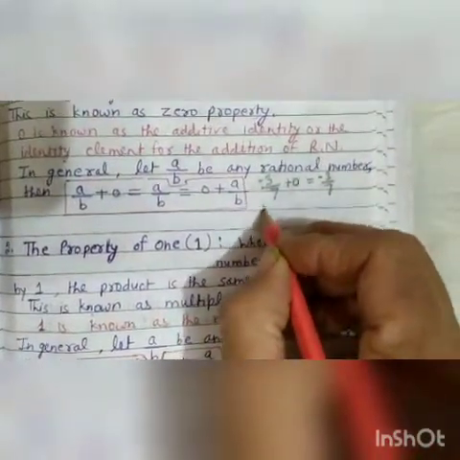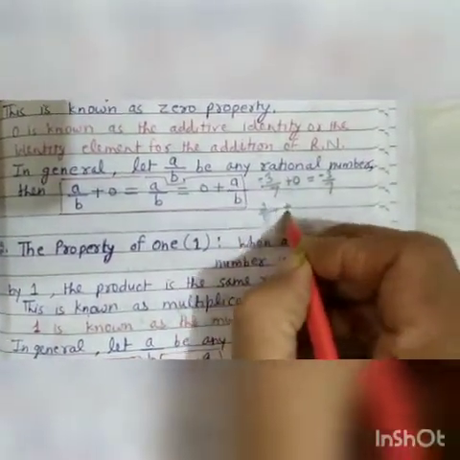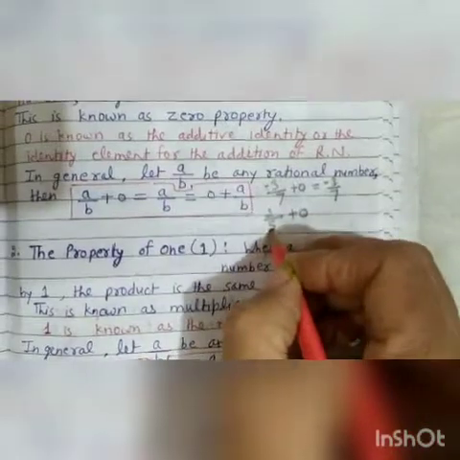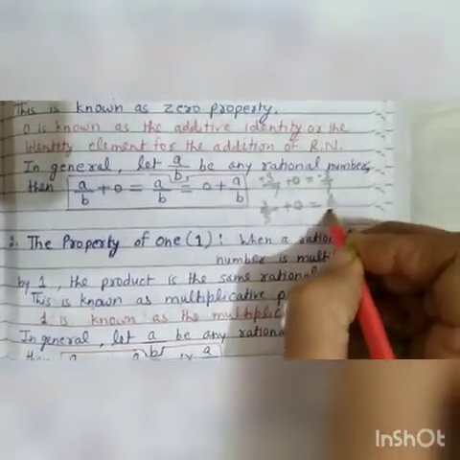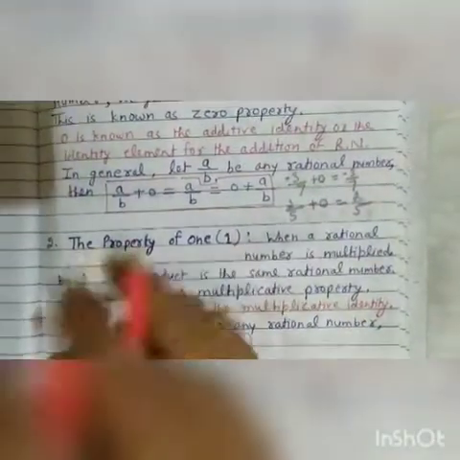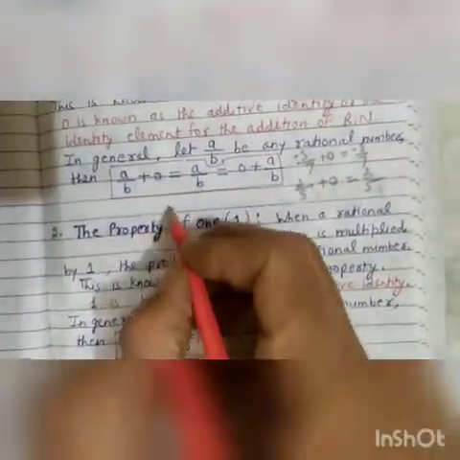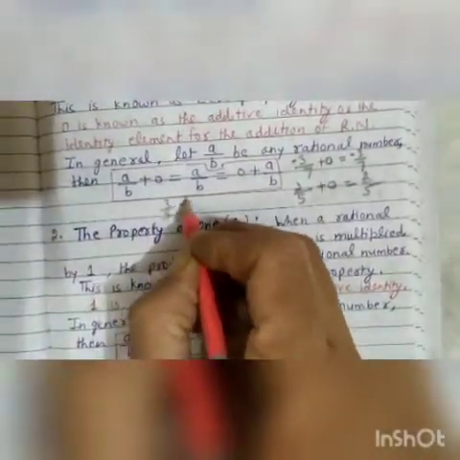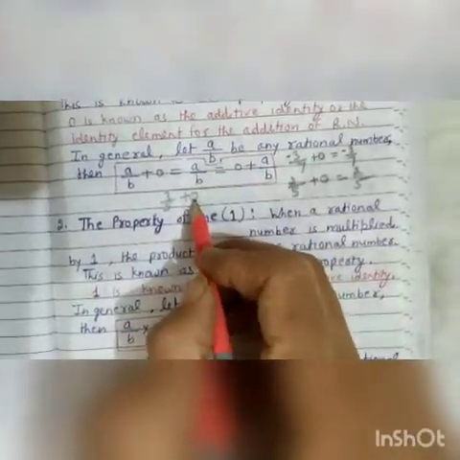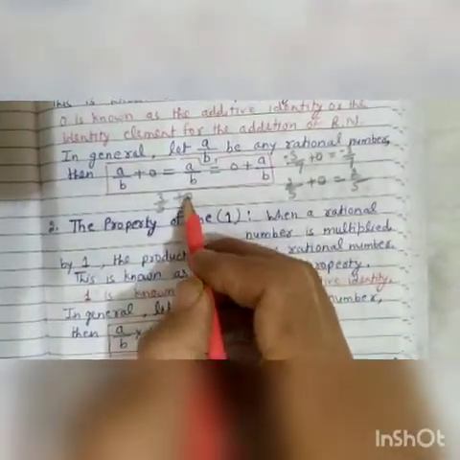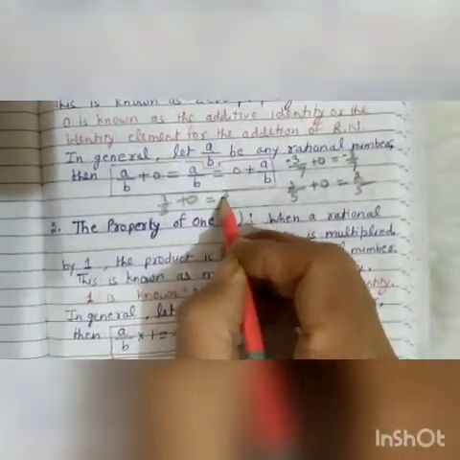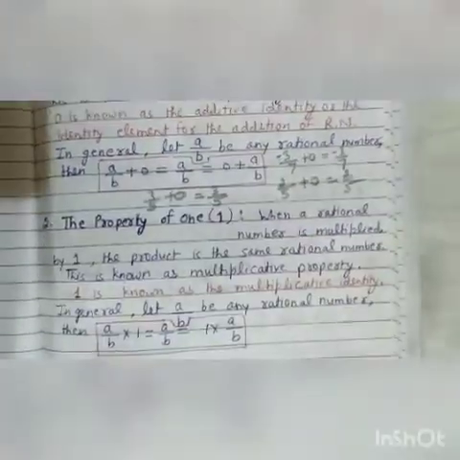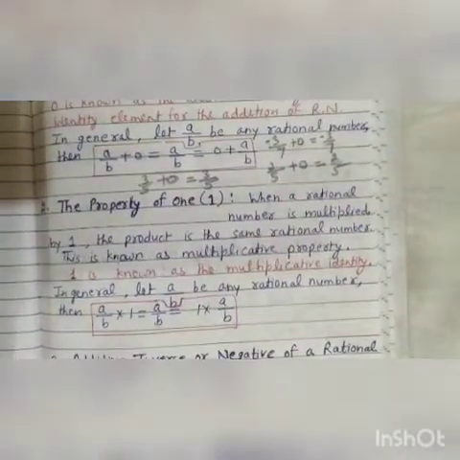If we are adding 0 to this 2 upon 5, again we will get the same rational number as answer. If we are adding 0 to the rational number 3 upon 5, again we will get the same rational number.